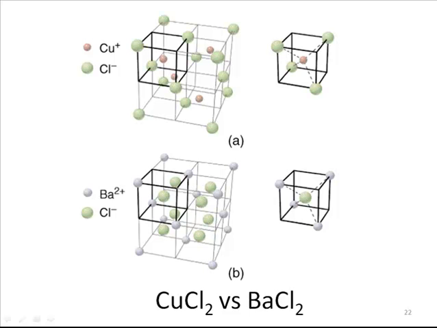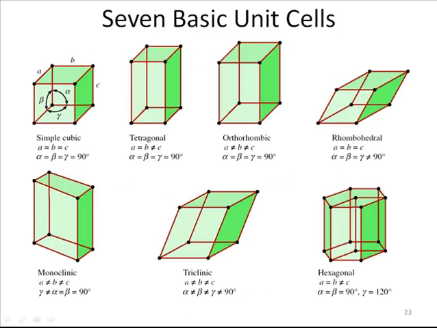So depending on the unit structure, you would have different lattice points for the 3-dimensional structure. And so these 2 cells have different properties, even though they have a similar structure.